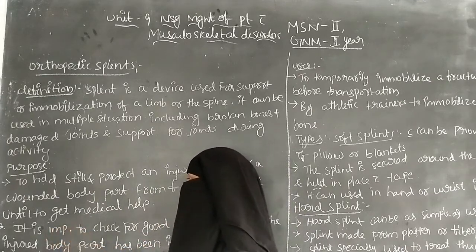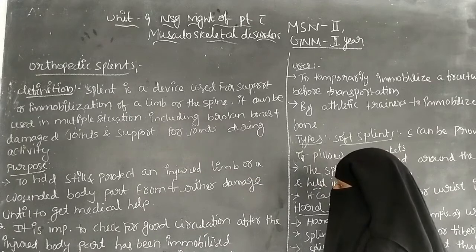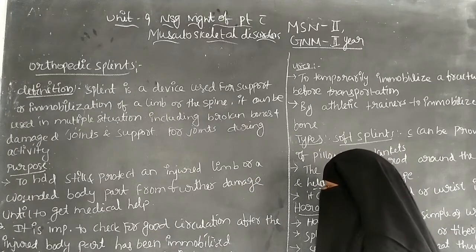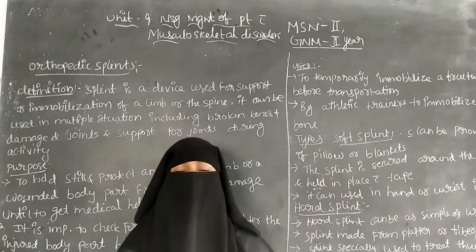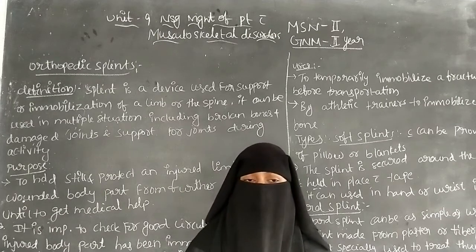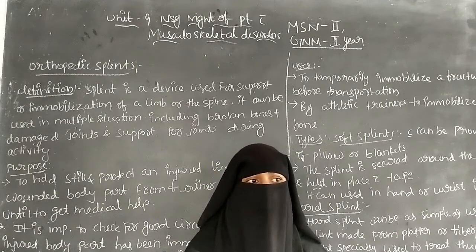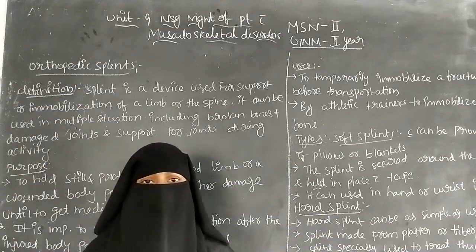Next, it is important to check for good circulation after the injured body part has been immobilized. After the injury has occurred and you are using the splint, no movement can occur in the affected joint, so circulation can be decreased in the affected joint.